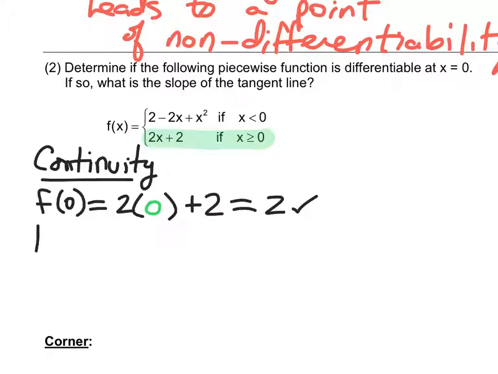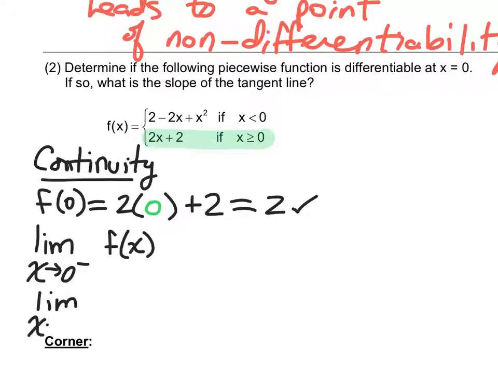So what I have to do is find the limit as x approaches 0 from the left of f of x, and find the limit as x approaches 0 from the right. So this is all last unit. I haven't done anything related to derivatives yet.